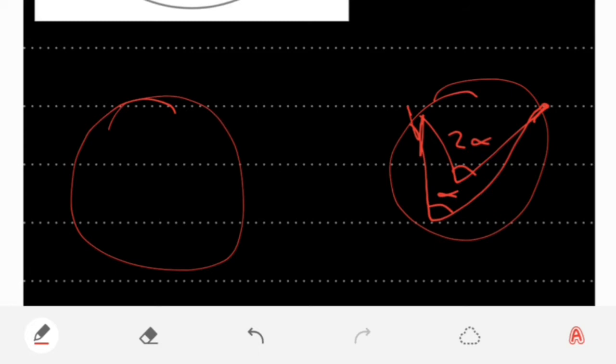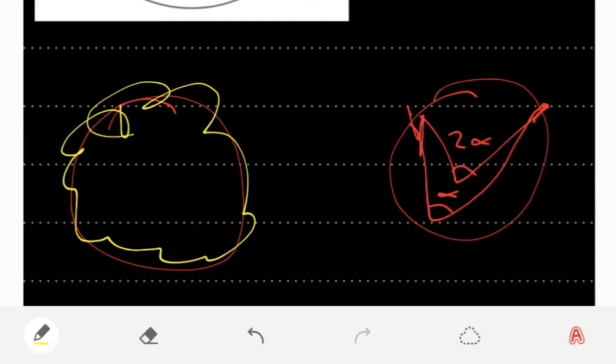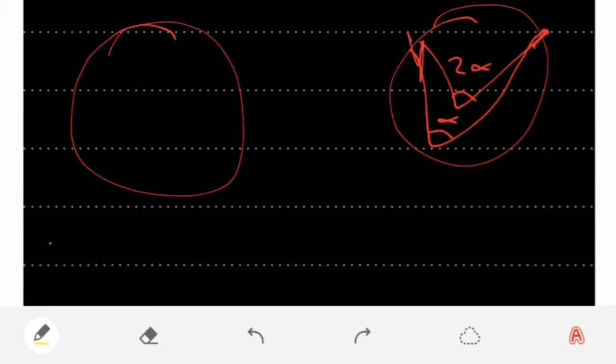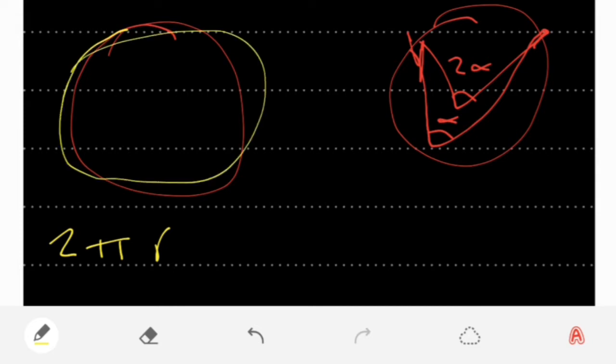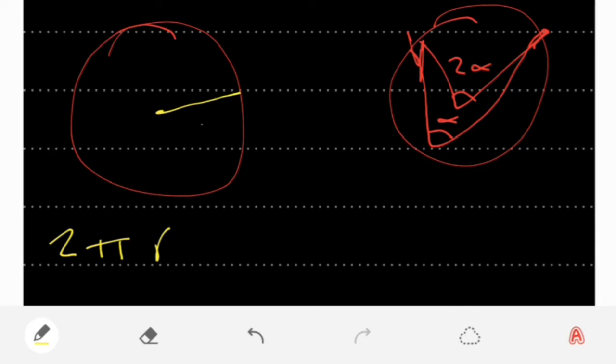If this is the circle, the whole arc of the circumference of it is what? It is 2πr, right? The definition of π. And this is r, the radius.